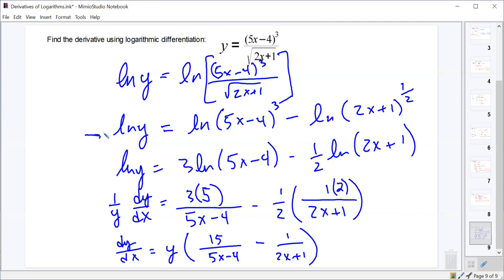And so our final answer will be (5x minus 4) to the third over root 2x plus 1, and then times what we just had, 15 over 5x minus 4 minus 1 over 2x plus 1. Any questions on that?